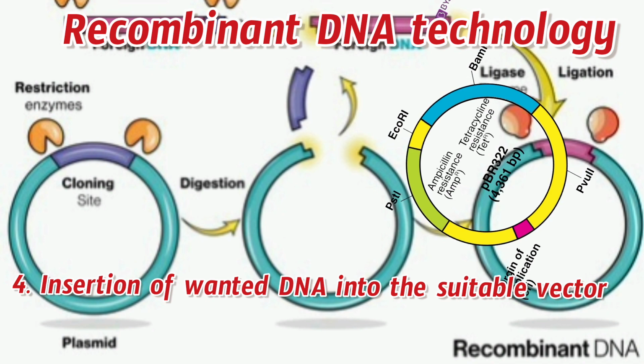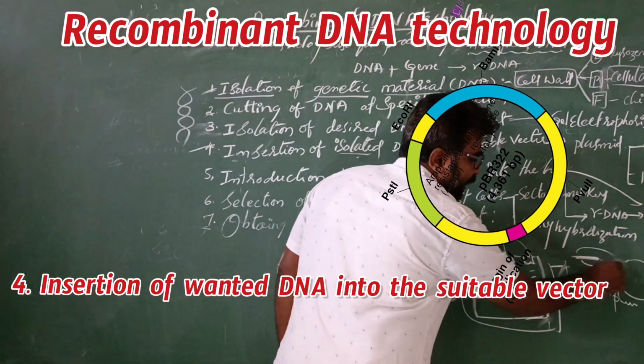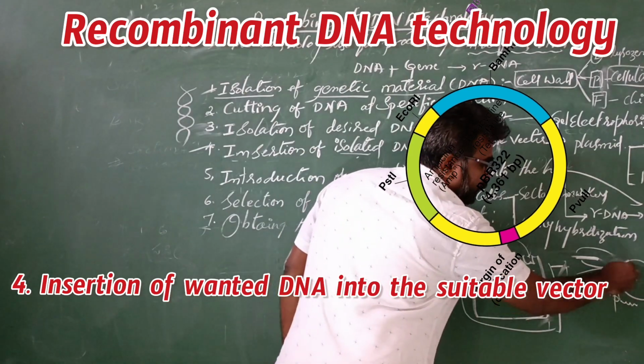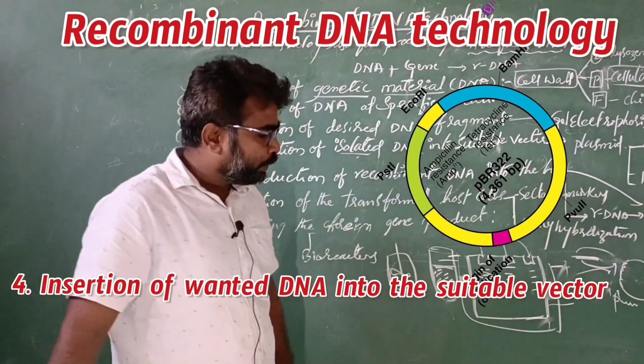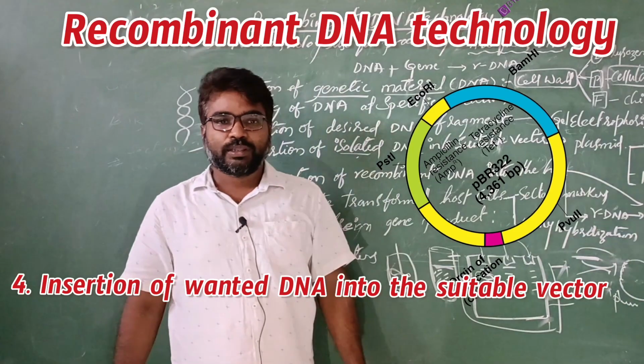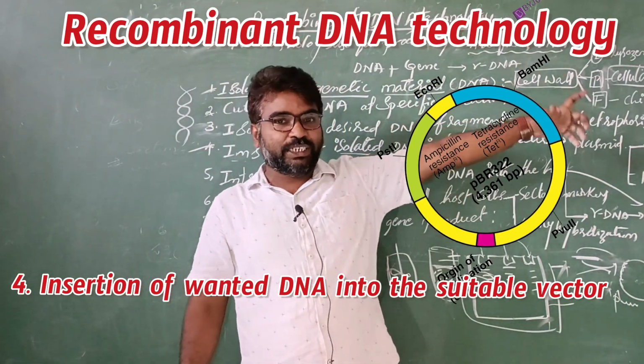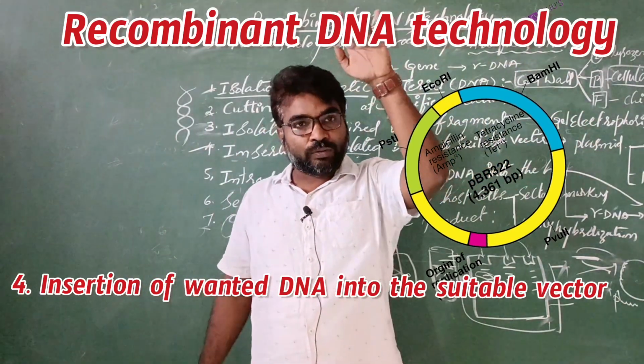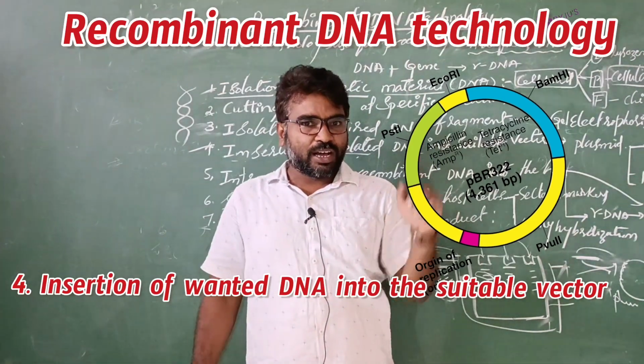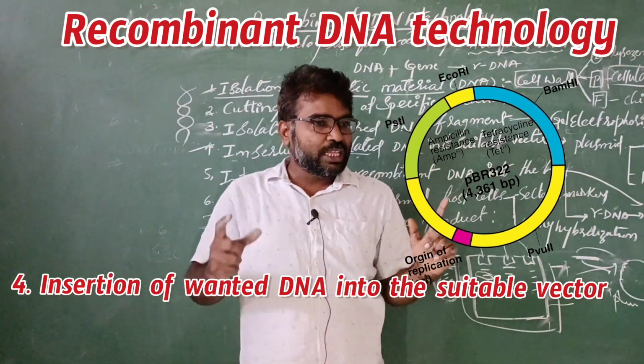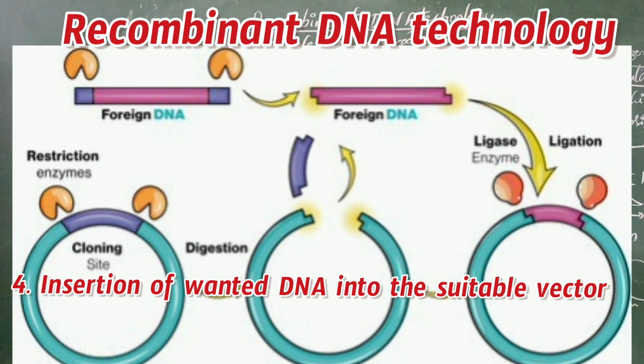Then we have to insert our desired DNA into this plasmid. Here the plasmid is there, and our desired DNA segment is there. Then we insert this DNA into the vector. That is the fourth step.